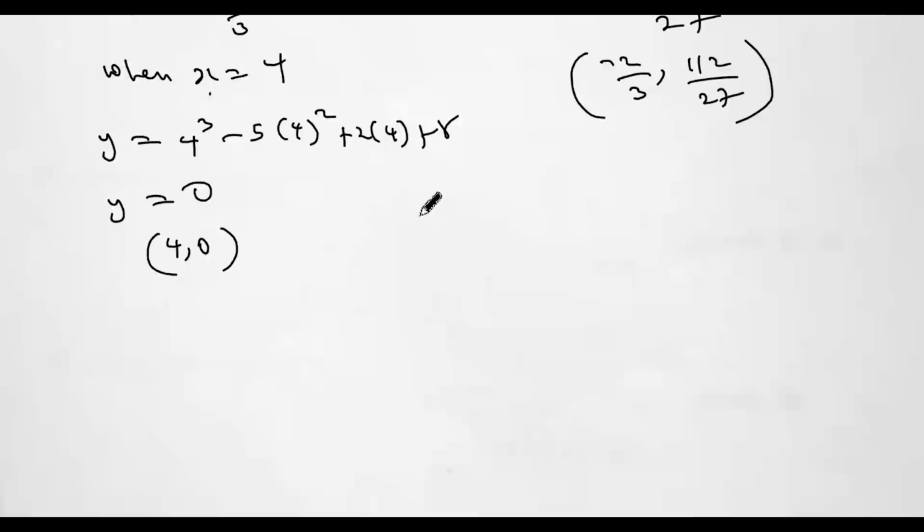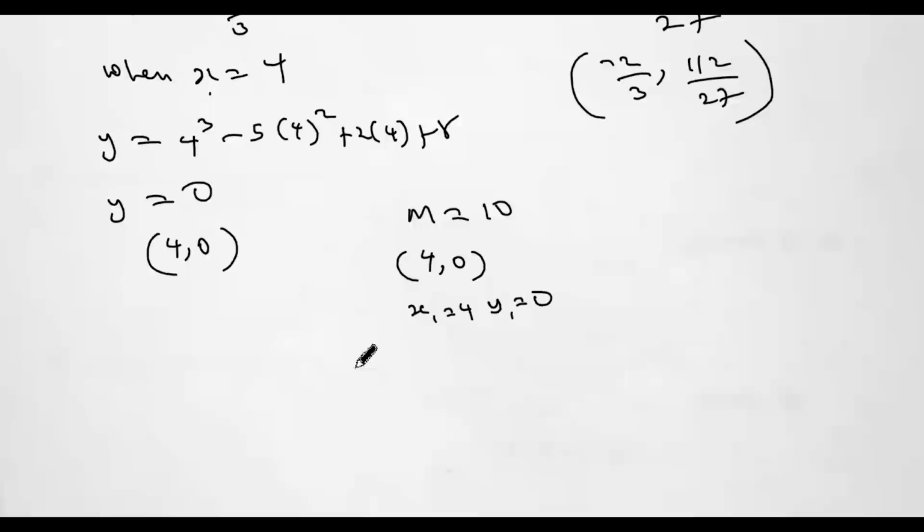So we know that the gradient m is 10, and we have one point to be (4, 0). That is, x1 is equal to 4 and y1 is equal to 0 for this one.